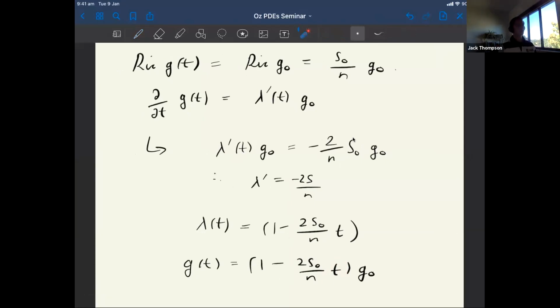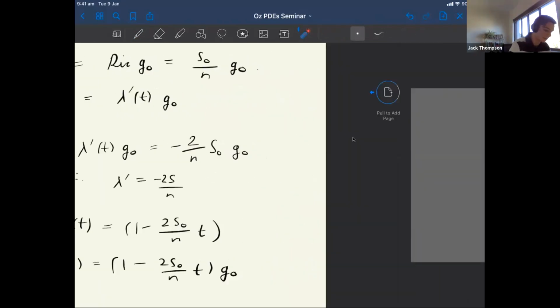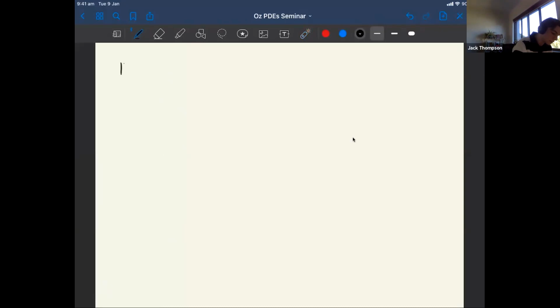So in the case we have zero scalar curvature, we're going to have a solution of Ricci flow that's actually stationary. It doesn't evolve in time. An example of that is in R^n. So if S naught equals 0, then G of t equals G naught.